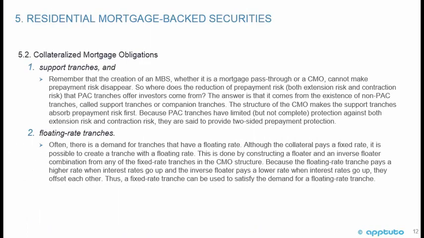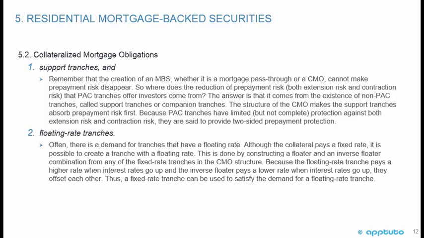Moving on to support tranches. Remember that the creation of a mortgage-backed security, whether it is a mortgage pass-through or a CMO, cannot make prepayment risk disappear. So where does the reduction of prepayment risk, both extension risk and contraction risk, that PAC tranches offer investors come from?